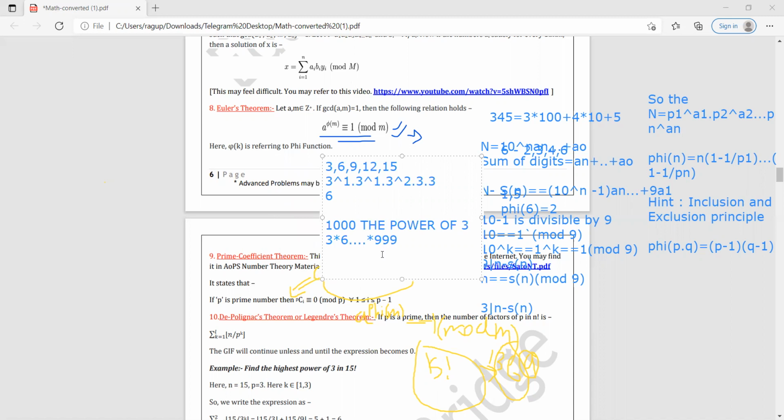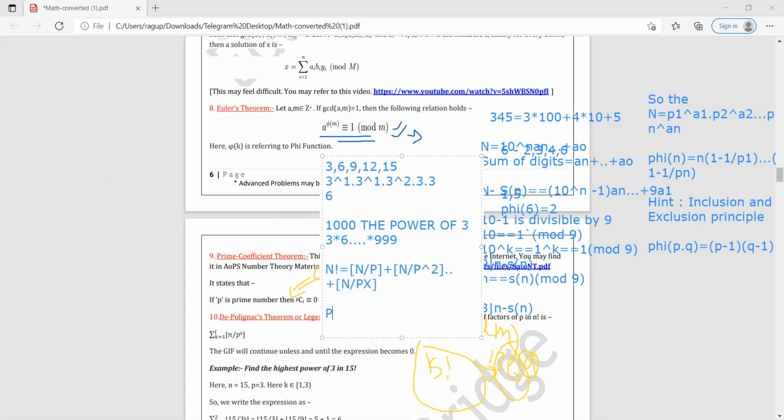It states that if we have a number n factorial, then the power of a prime p in it would be floor of n by p plus floor of n by p square, plus floor of n by p cube, and it will go on till p raised to x for some x.